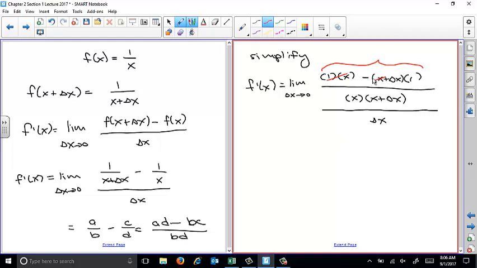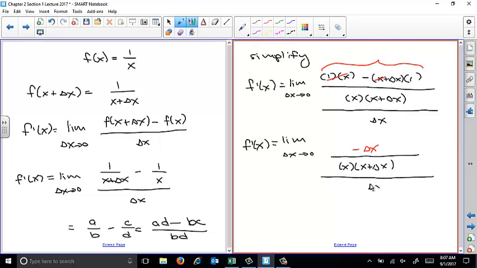If you multiply it out, you'll have negative x here and positive x minus minus delta x. So what's left over when you simplify the numerator is just negative delta x. I skipped a step there in multiplying it out, but hopefully you can see that all this simplifies to negative delta x over the denominator, all divided by delta x.